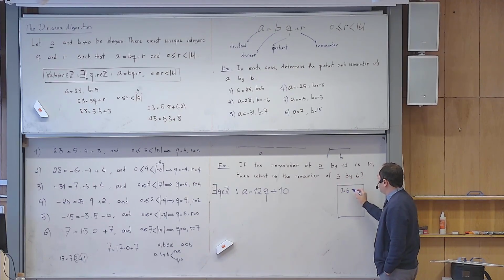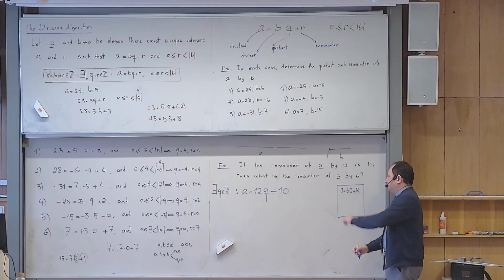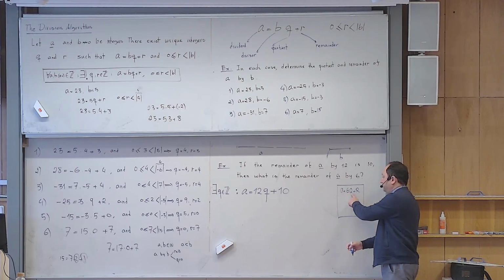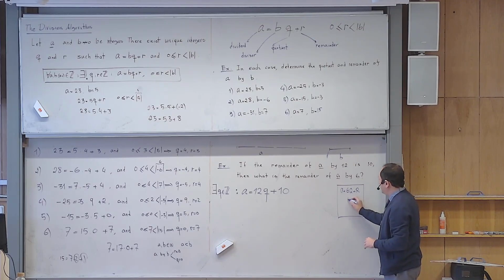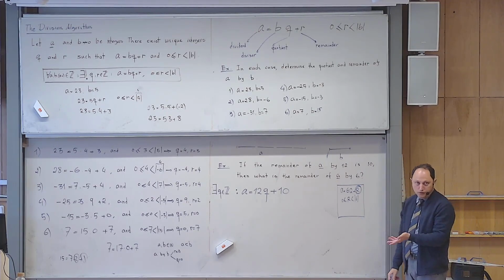So you are looking for some Q and some R, yes? If you are able to write A as 6 times some integer plus another integer, then if you can guarantee that this R is greater than or equal to 0 and less than absolute value of 6, then this number is your answer. Yes? Is that clear? That is what we want to do.